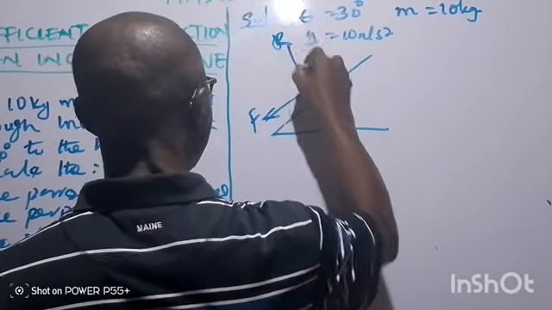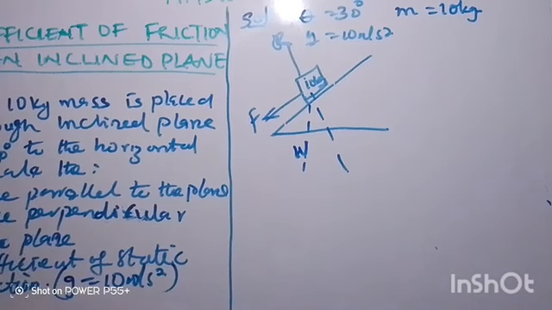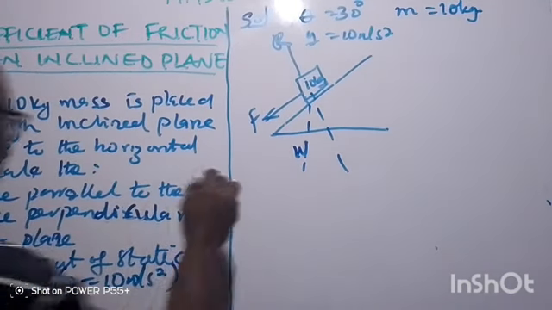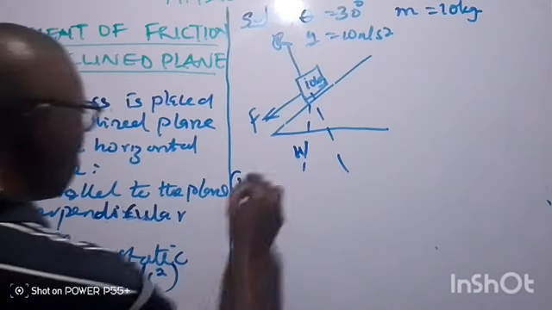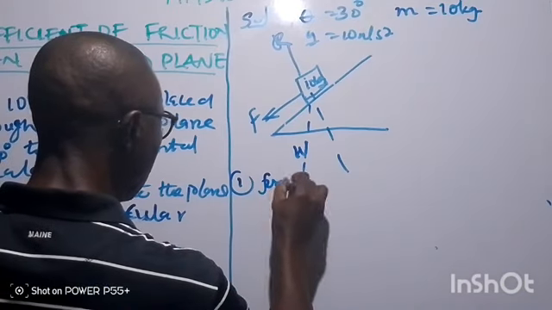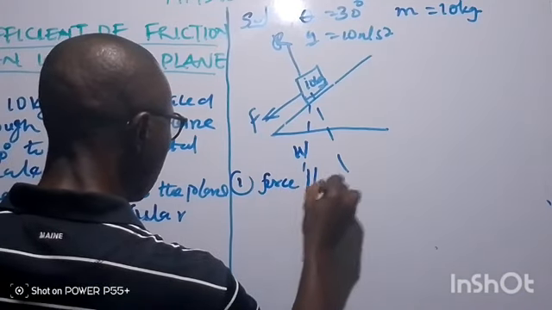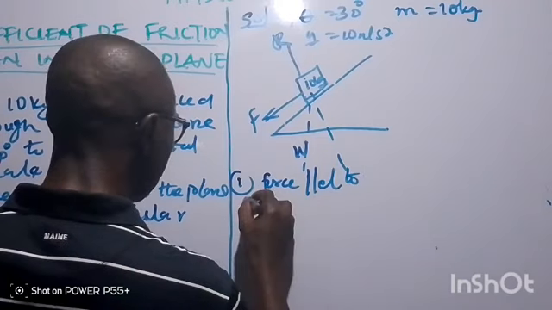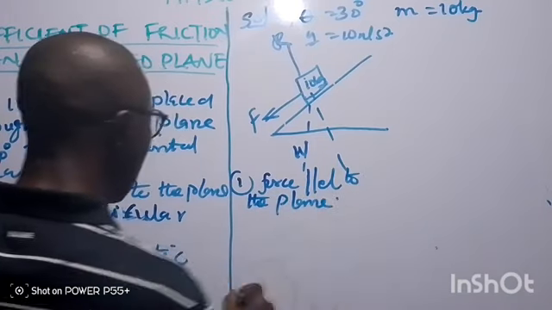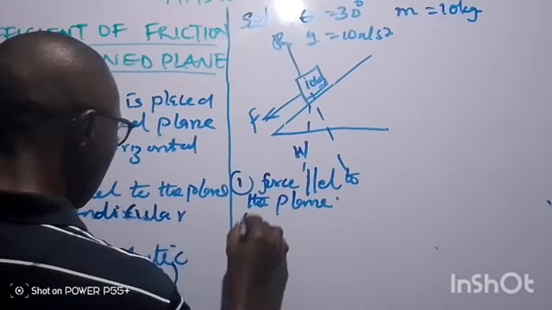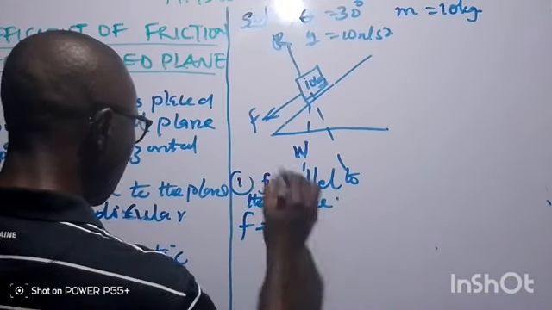Now, from what we have done the other time, without wasting our time, 1. Force parallel to the plane. That one will now give F is equal to W sine theta.